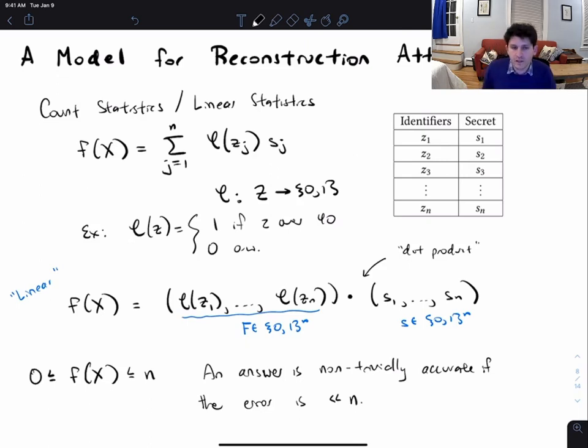And the last thing I want to say is that notice that if the identifiers are unique, then for any vector f in {0,1}^n, I can construct a query where that vector arises.